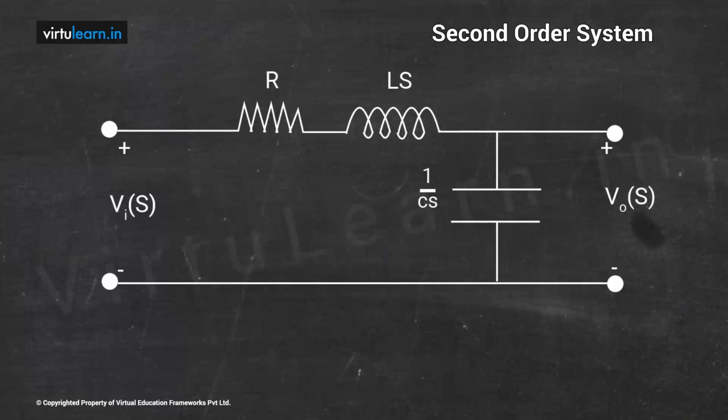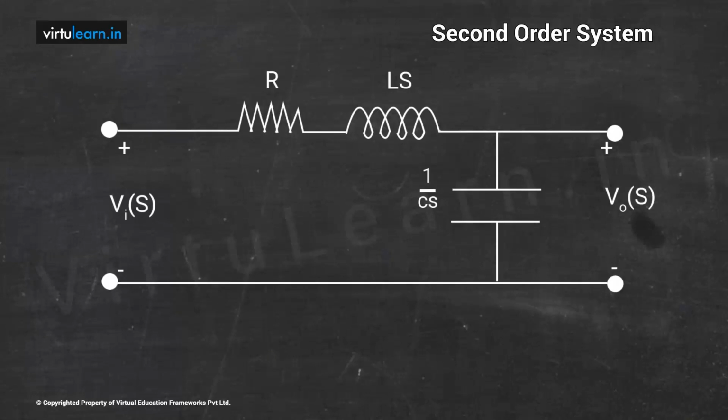Series RLC system, R, L and C, and its equivalent Laplace domain is R, Ls and 1 by Cs. The input is Vi of s, and the output I am taking across the capacitor, V0 of s. The transfer function we can obtain very easily because it is a single loop problem. Therefore, I can use the voltage division method: V0 of s divided by Vi of s is Z2 divided by Z1 plus Z2. Z2 is 1 by Cs and Z1 is R plus Ls.